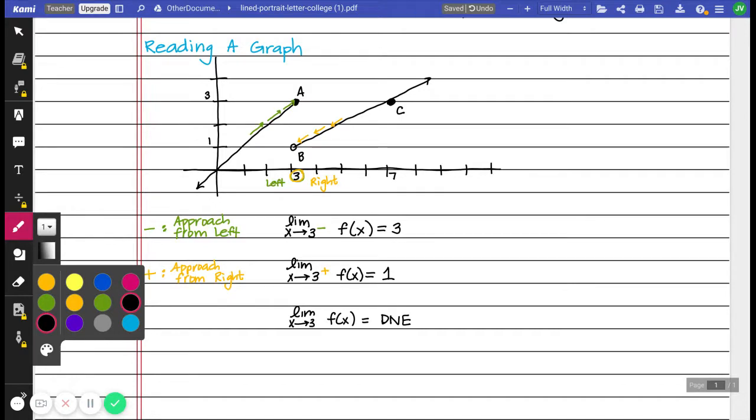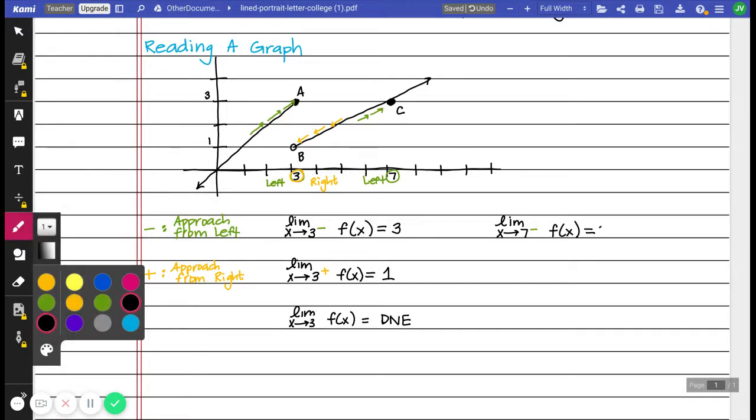Okay? Now I'm going to show you it with 7, and then we're going to wrap this up and let you practice it a little bit. So the limit as x approaches 7 from the left in this particular function. Well, let's check it out. Here's 7. Here's the left side of 7. I'm coming from the left.